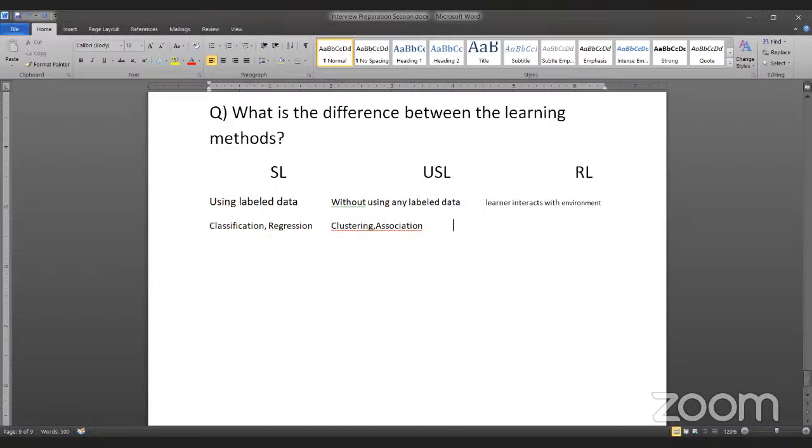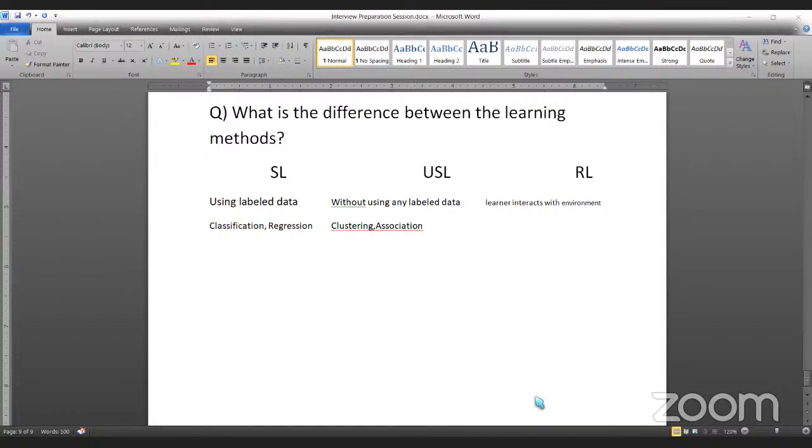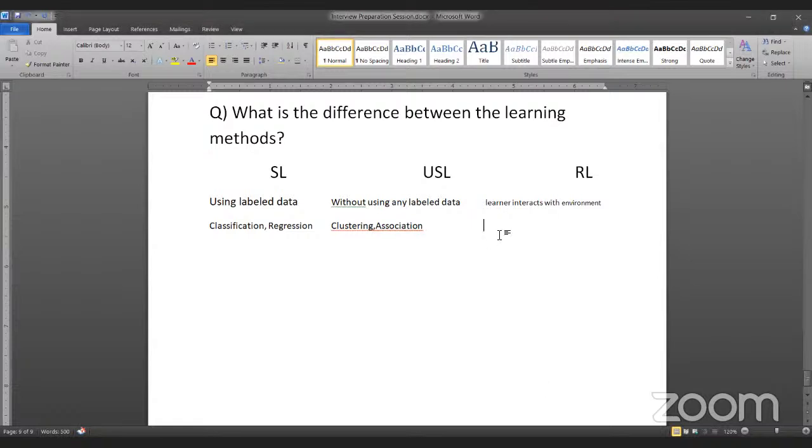And for reinforcement learning, what kind of problem do we deal with? Here we deal with exploration or exploitation.